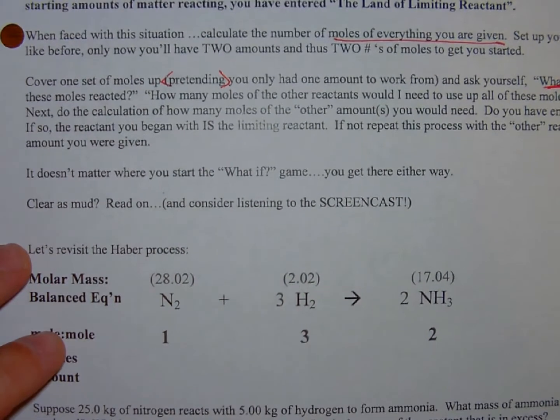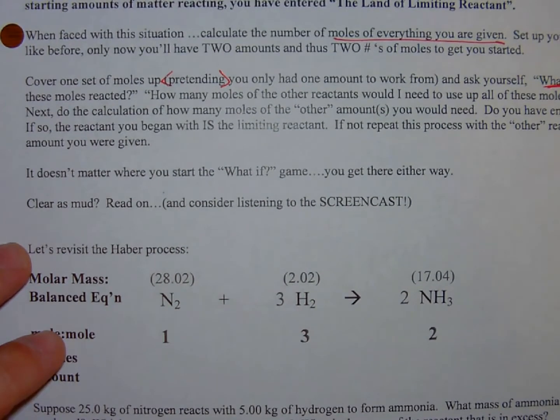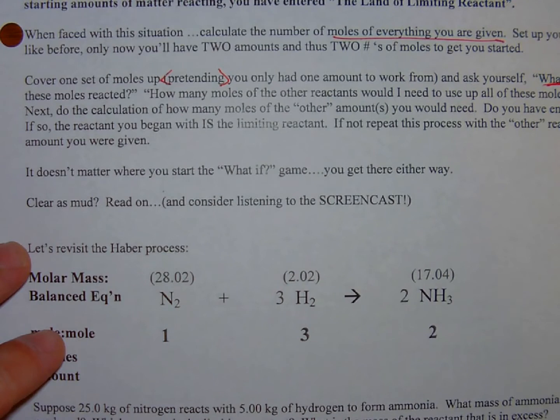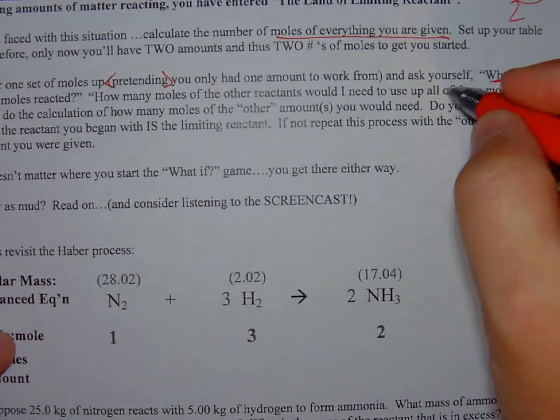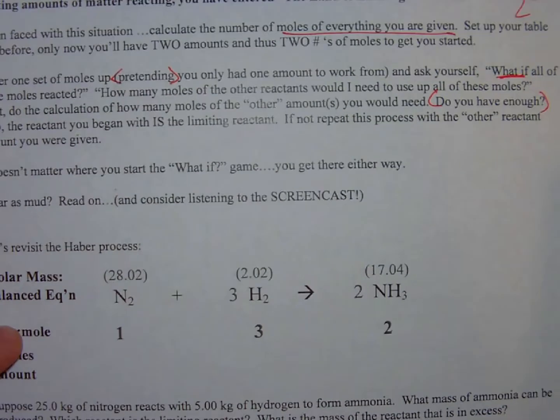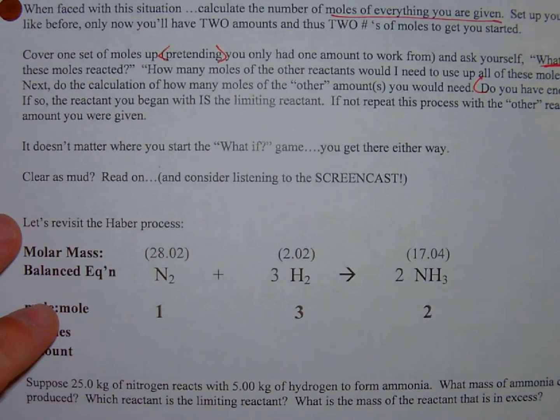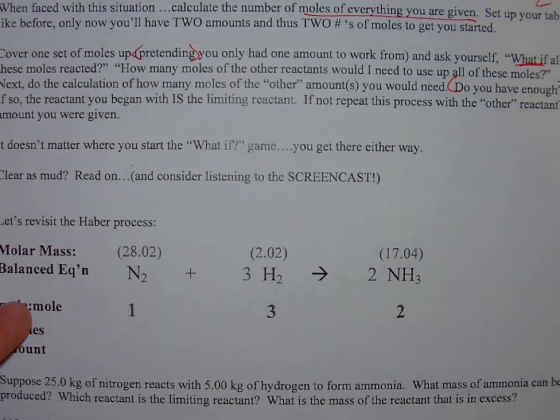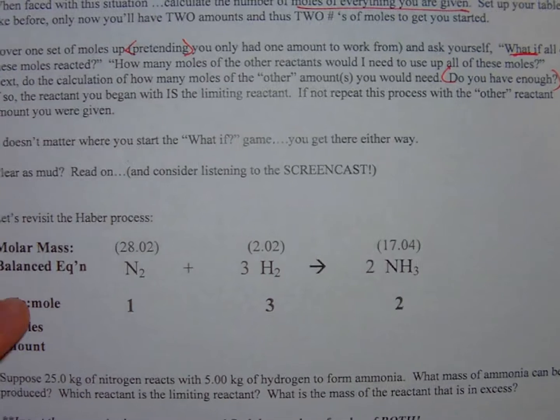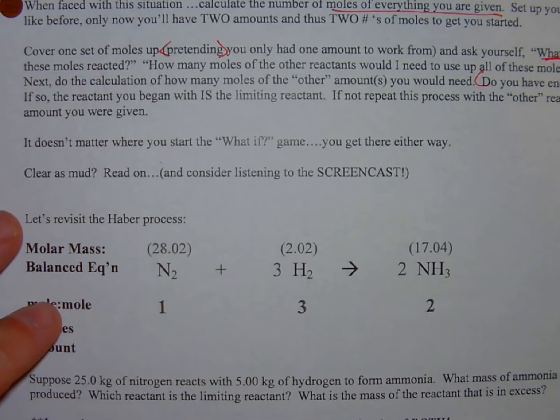Next, do the calculation of how many moles of the other amounts you would need. Do you have enough? This is the key question here. Do you have that much? If so, that reactant that you begin with is the limiting reactant. If not, repeat this process with the other reactant amount you are given.